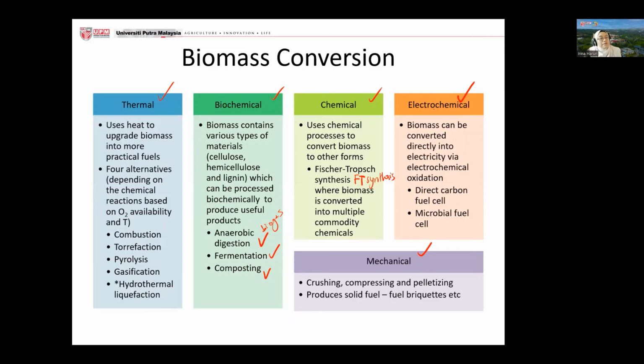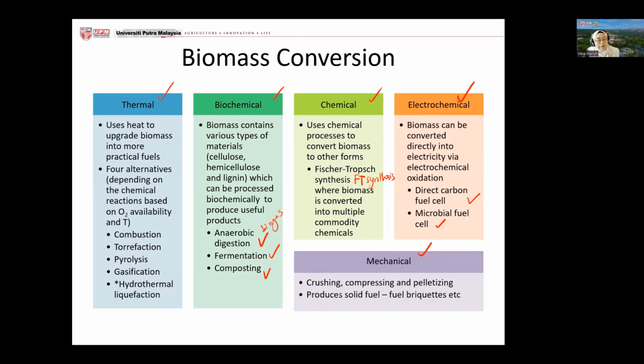We also have the electrochemical pathway, where the biomass can be converted directly into electricity via electrochemical oxidation. This can be done through direct carbon fuel cells and also microbial fuel cells. There are others, but those are still in development stages.